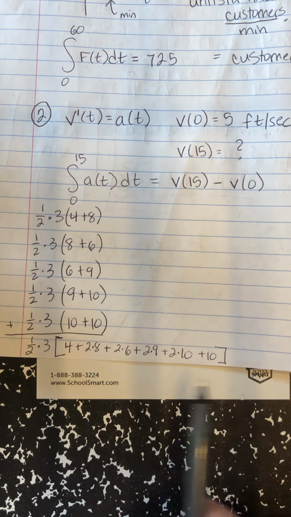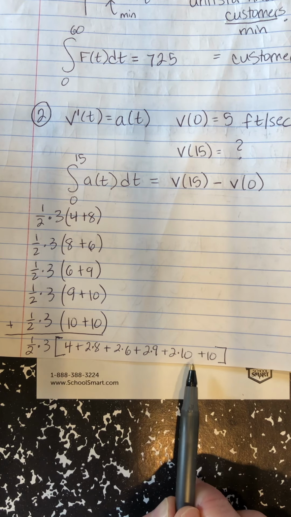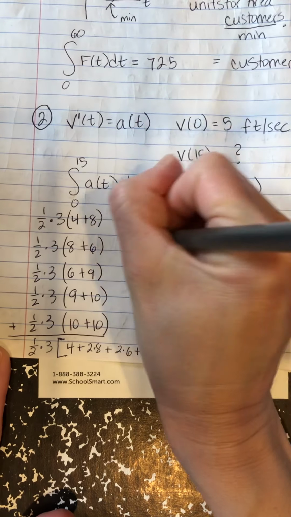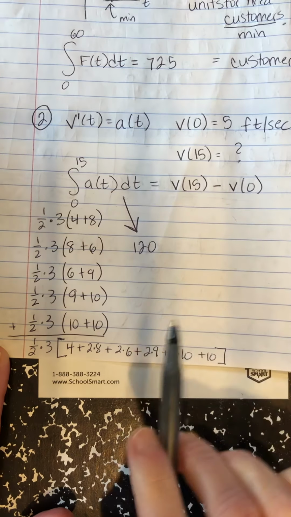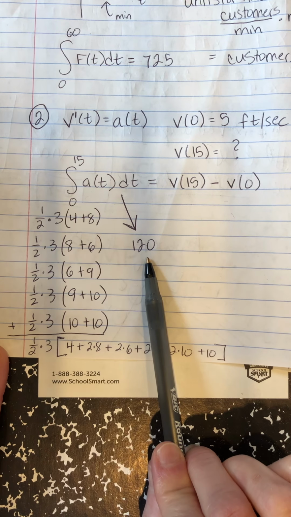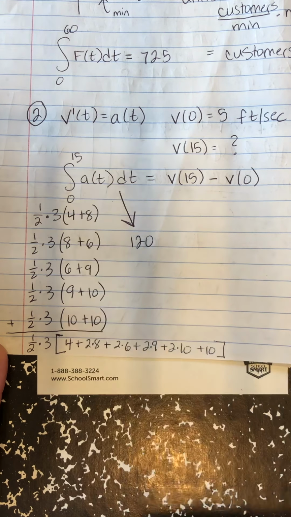When you do all of those calculations as an estimate, we end up with an estimate of 120. So 120 is our best trapezoidal estimate for the definite integral from 0 to 15 of a of t.